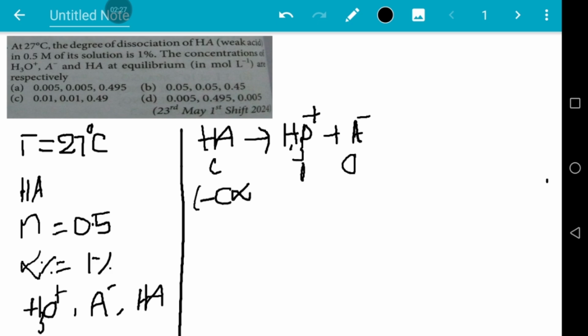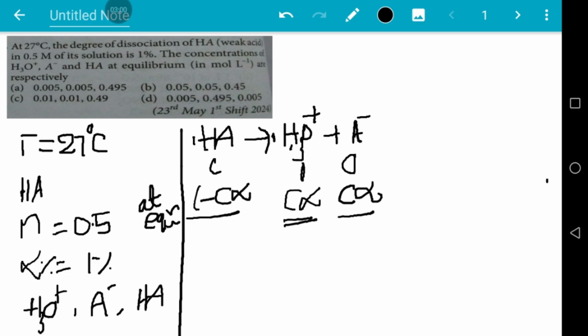Since 1 mole of HA gives 1 mole of H3O plus, H3O plus formed is C alpha, and A minus is also C alpha. So at equilibrium, HA concentration is C minus C alpha, H3O plus is C alpha, and A minus is C alpha.